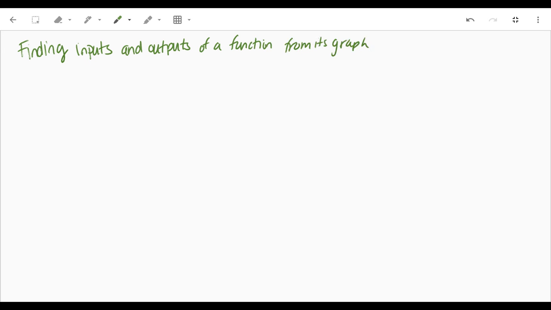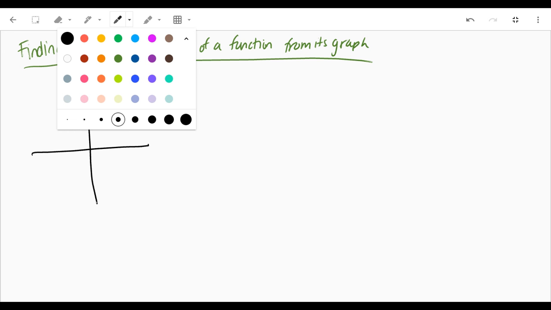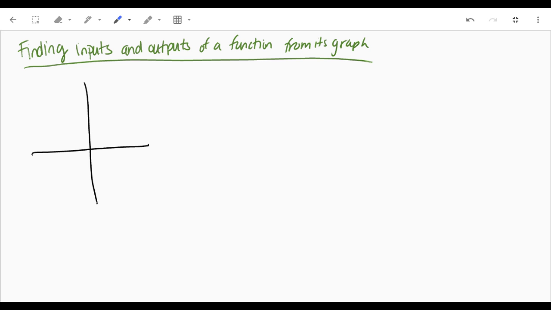Okay, so you're literally just looking at a graph here. So in this first example that I'm looking at right now, they give you an upside down parabola. They give you 1, 2, 3, 4, 5, and 1, 2, 3.